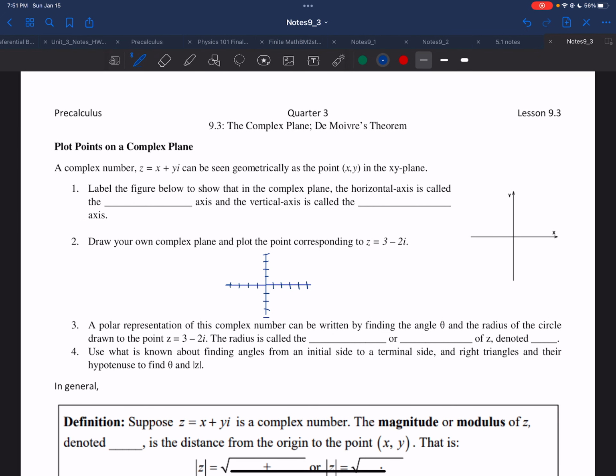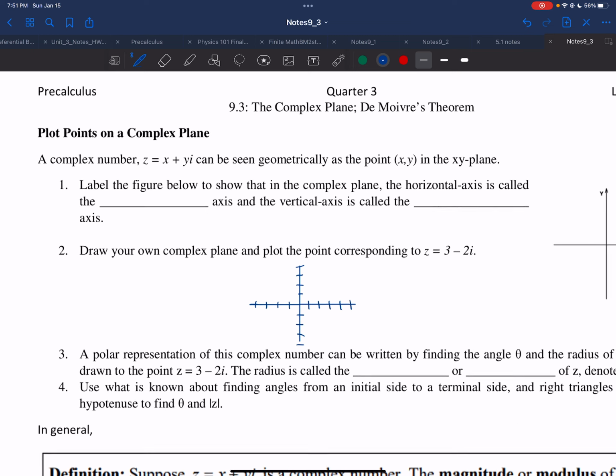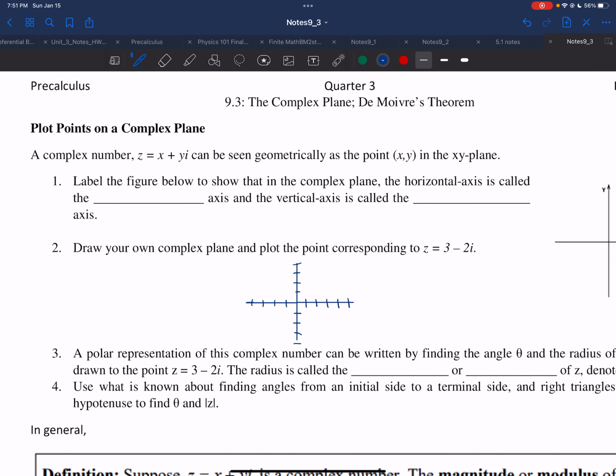Now we're starting 9.3, and we're going to be taking what we've learned about polar coordinates, polar equations, etc., and then migrating that over into the imaginary plane. So as a quick review, we want to make sure that we are able to label a coordinate axis.